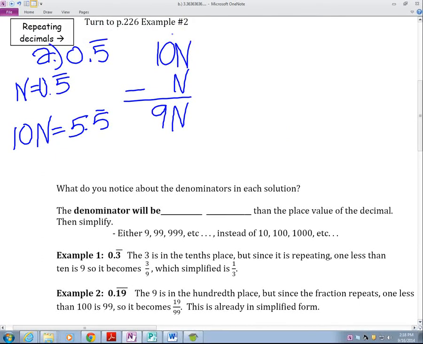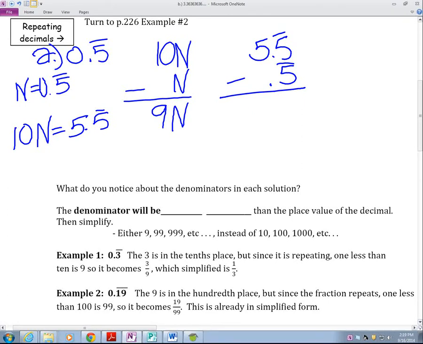So we just did 10n minus n equals 9n. Now to go from there, 10n equals what, everyone? There we go. 5.5 repeating. And n equals 0.5 repeating. What's that going to come out to be? 5.